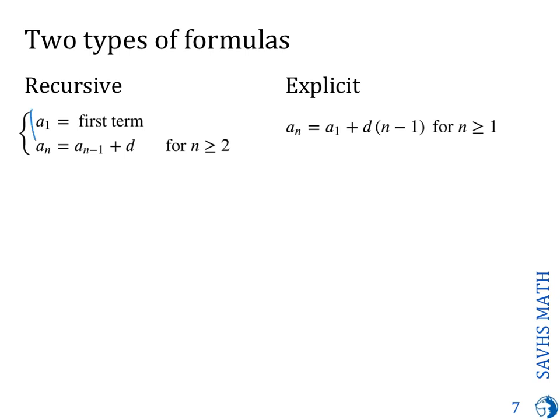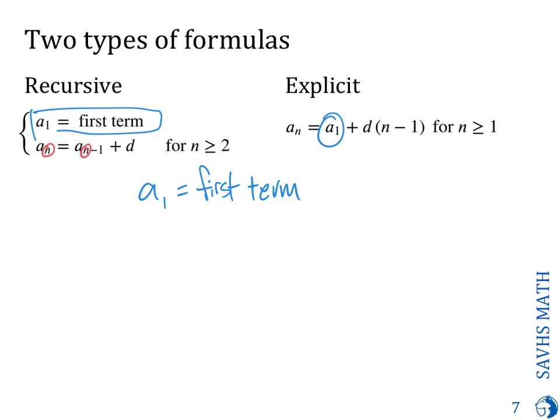We have seen that our A1 is our first term. That's the thing that the sequence starts with. It's the first thing that you see on the list. The N we've been using a lot.